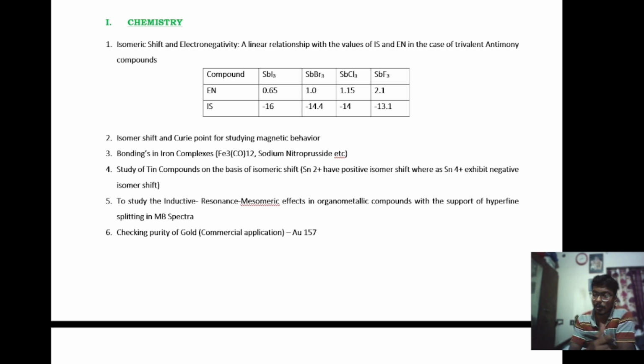And sodium nitroprusside, whose structure is very difficult to predict using other conventional methods, but the bonding of iron with nitric oxide, NO, can be identified. There is a dπ-pπ back bonding, which we can identify using Mössbauer spectroscopy. That's the third application, bonding in iron complexes.